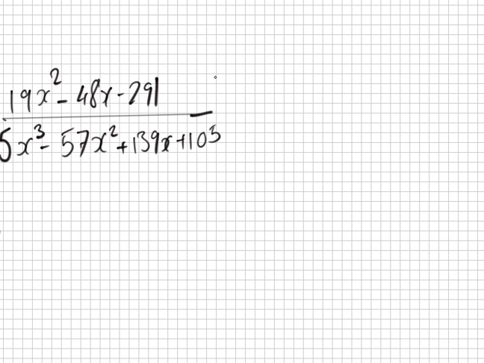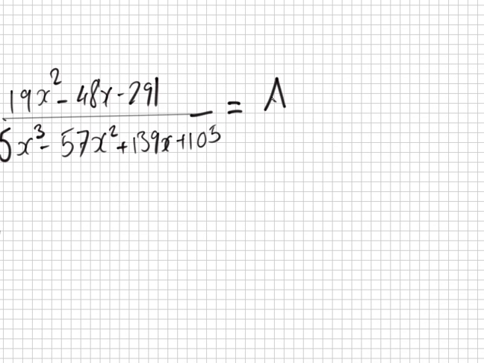Right, let's have a look at what the denominator gives us. So we have a 5, a minus 57, a 139, and a 105. Good news is it has 3 roots, so that makes things a lot easier.